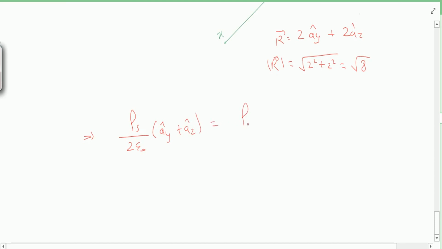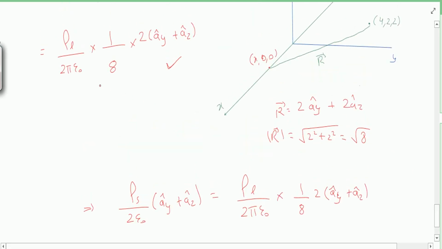And due to the line, it is rho l by 2 pi epsilon naught, 1 by 8, into 2 (ay cap plus az cap).